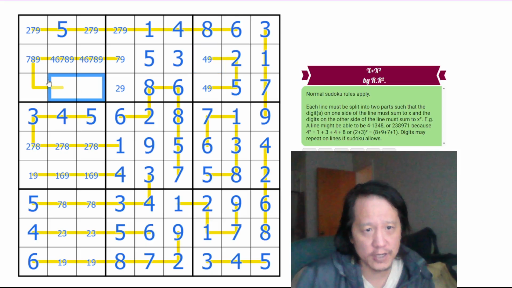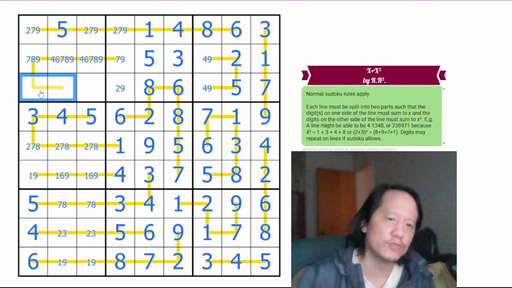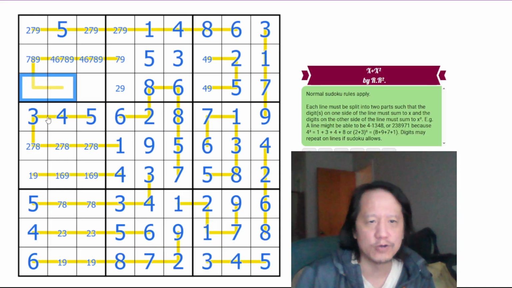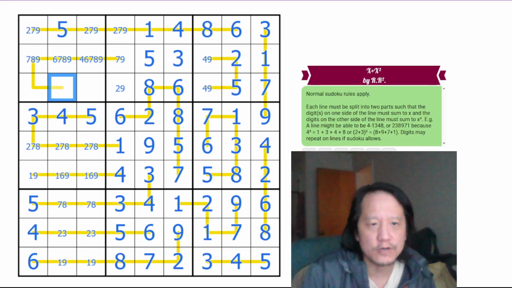So that could add up to 30, if that's the case. 7 with 2 and 3, or with 1 and 4. Well, it can't be 1 and 4 because you can't have 4 here. Interesting, okay. No 4 here.